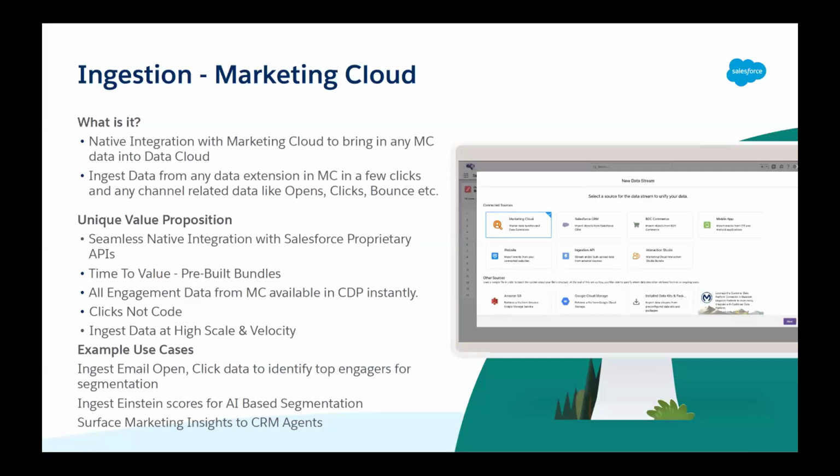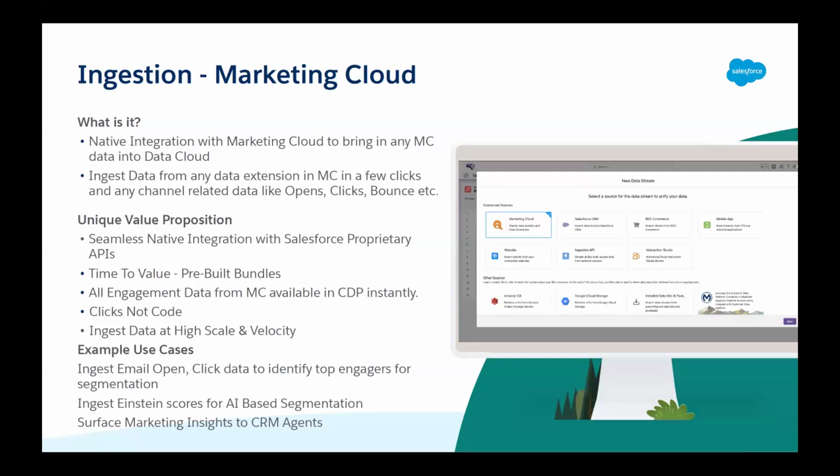Where data extensions would come into play is perhaps where we've got a cloud page with a form, and we want to take this form-based data and make that available in Data Cloud. That's certainly a good use case for it.